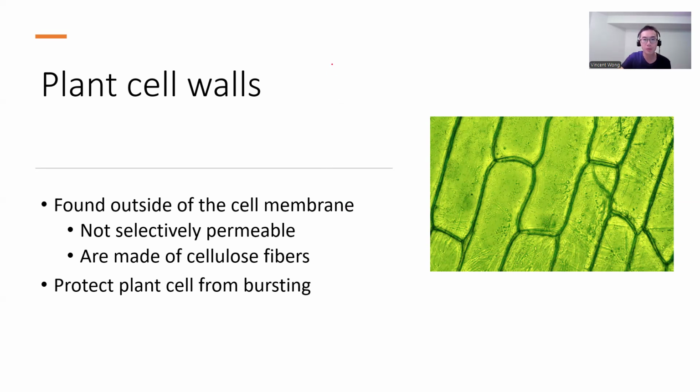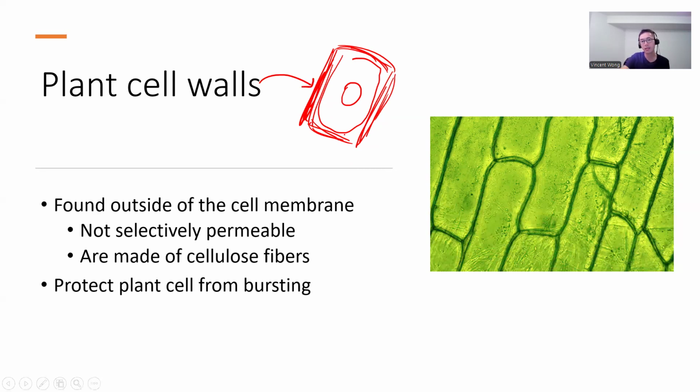And they are able to form a very rigid structure around the plant cell. So that's the nucleus, that's the cell membrane. And then now you have this cell wall on the outside, right? And the main function of the cell wall is to prevent the cell from bursting.